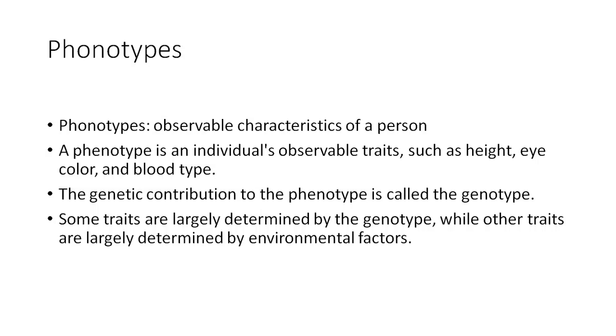Some traits are largely determined by the genotype, while other traits are largely determined by environmental factors. Environmental influences combine with genetic influences to determine how a particular genotype is translated into a particular phenotype, the way a person looks, thinks, feels, or behaves.